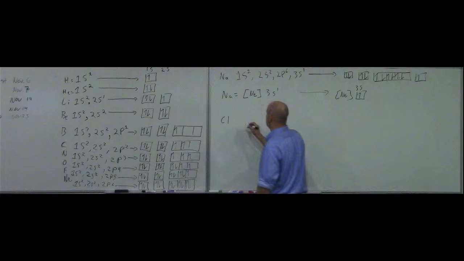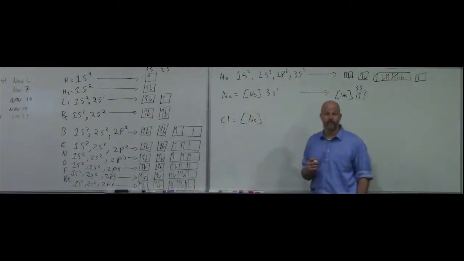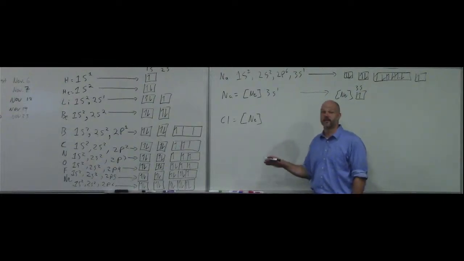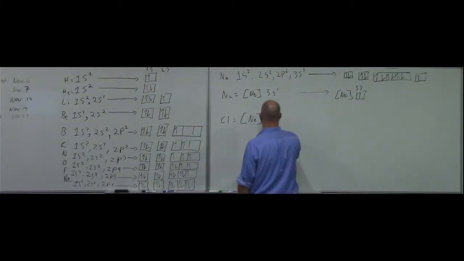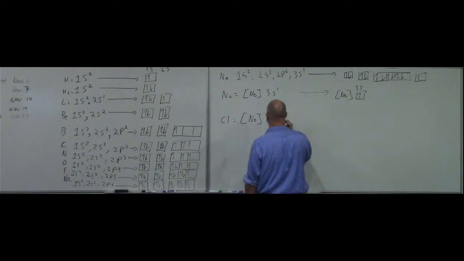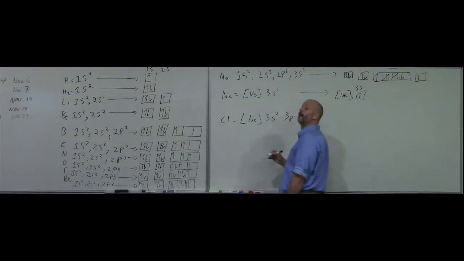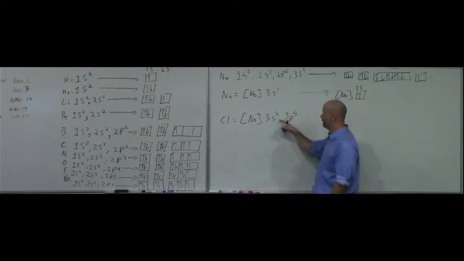So I go neon. And then, what do I do for chlorine? How many valence electrons does it have? 7. Good. They go here, right? 3s2, and then 3p. 3p what? 5. Right, so there's my 7 valence electrons.